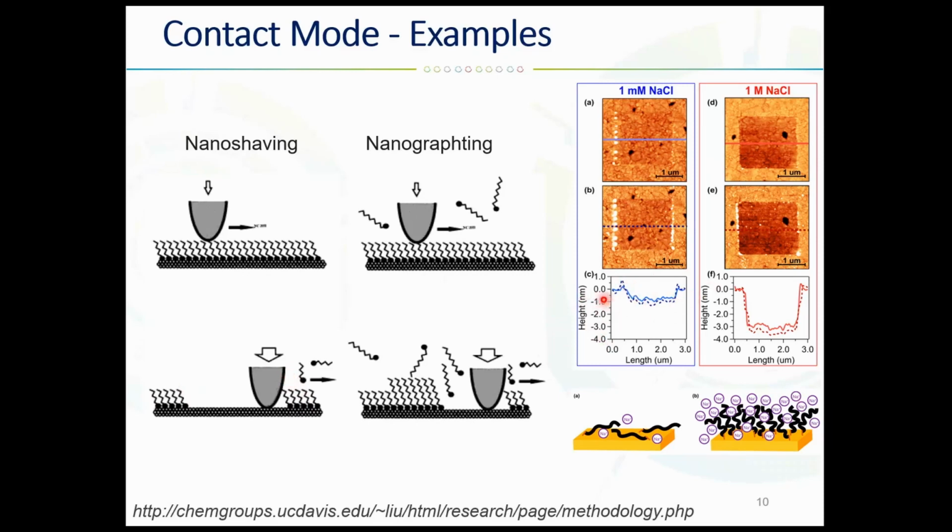So what we are actually interested in is the difference of the height, not the actual height. Because in a low ionic strength, DNA molecules tend to be not very firm, and they are not very perpendicular to the surface.